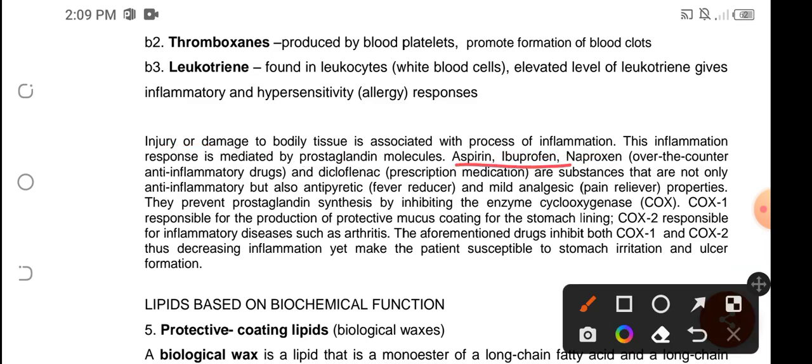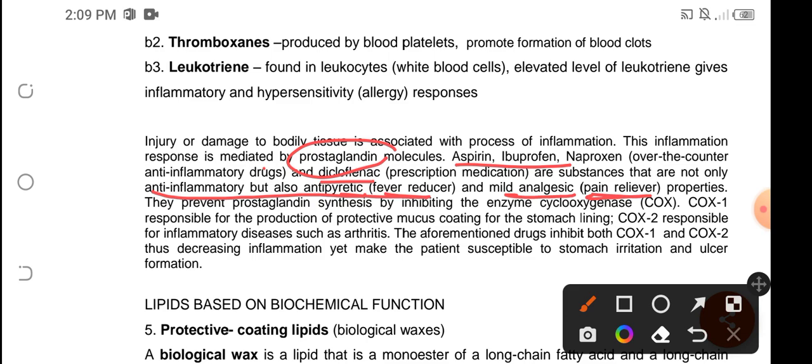Okay, so these are over-the-counter anti-inflammatory drugs, and diclofenac, which is a prescription medicine. This medicine counteracts the effect of prostaglandin. Because these drugs are anti-inflammatory, they are antipyretic, meaning they reduce fever, and they are analgesic, meaning they relieve pain.